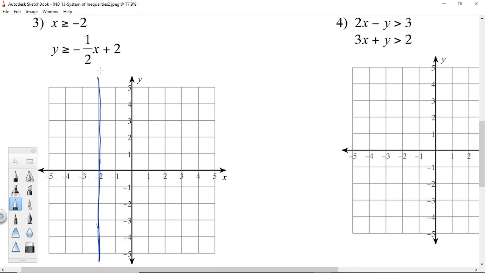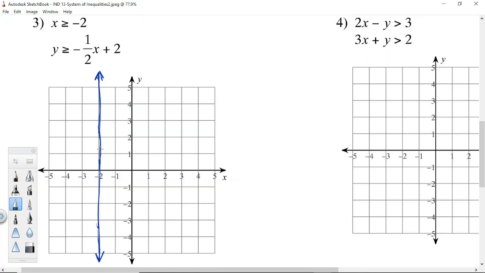Okay, so whenever you have one that just has x in it, that's going to be a vertical line because that's the line where x is the same. Okay, x is -2 all along that line, right? Because here's -2 right there. And y is a lot of different things on that line, but x is always -2.